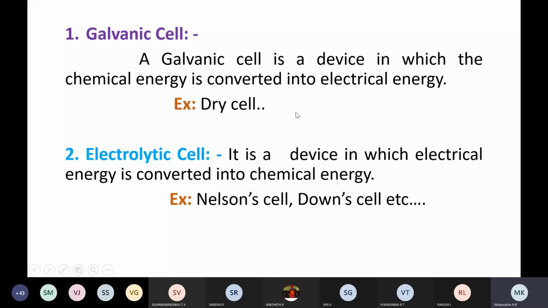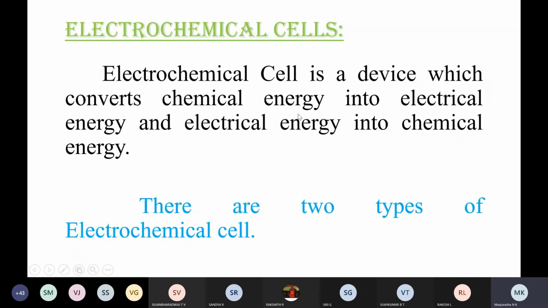It's clear? The device which is used to study the interconversion of energies, either chemical energy into electrical or electrical energy into chemical, is the electrochemical cell, of which there are two types. First one is the galvanic cell and another one is the electrolytic cell.